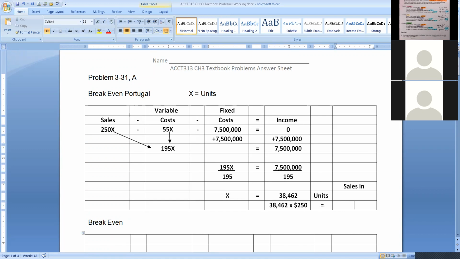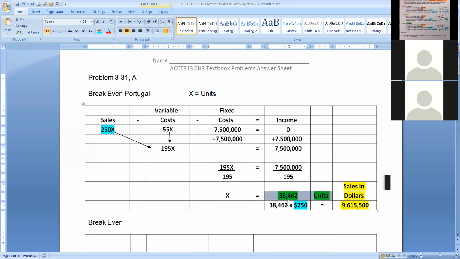Whatever that is, 9 million. I know this looks like a mess.